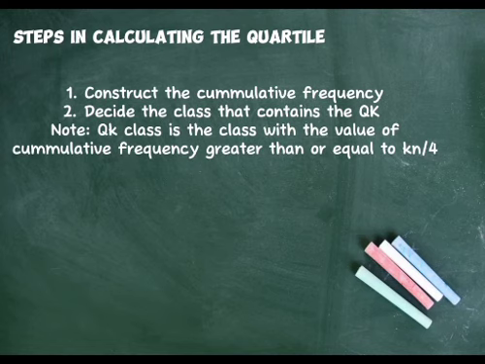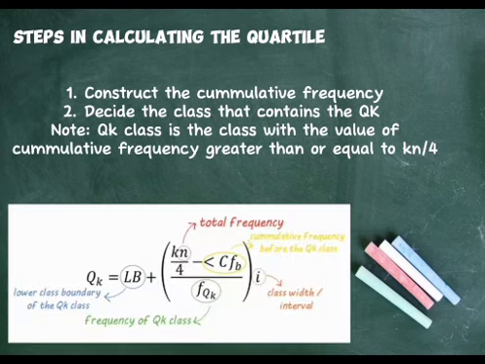After that, we will use the formula for the quartile. Our formula is Q sub k is equal to LB plus the quantity of k times n divided by 4 minus less than CF sub b divided by F sub k times i.